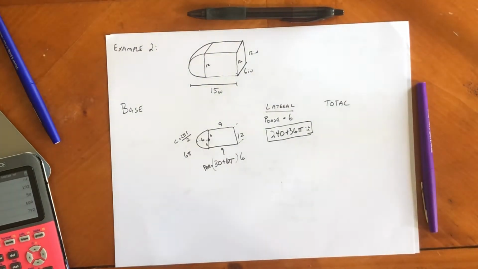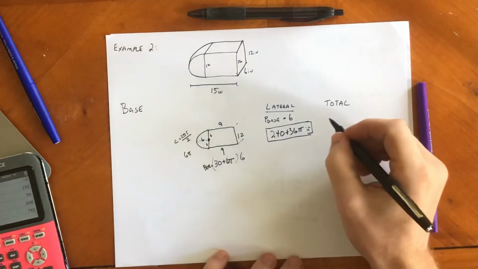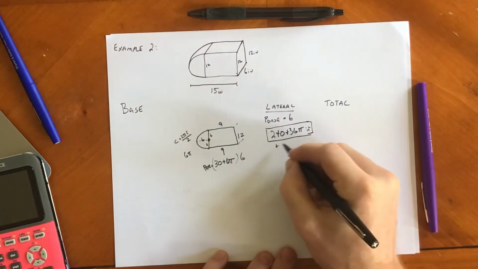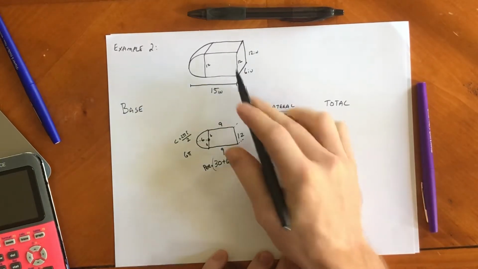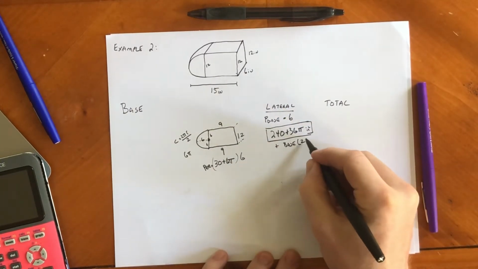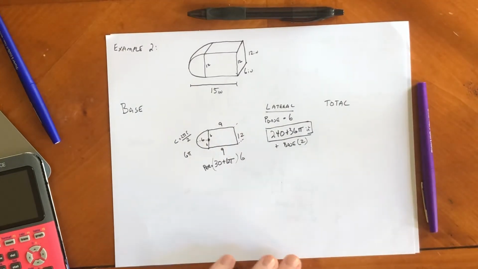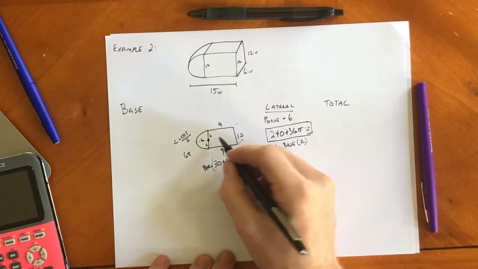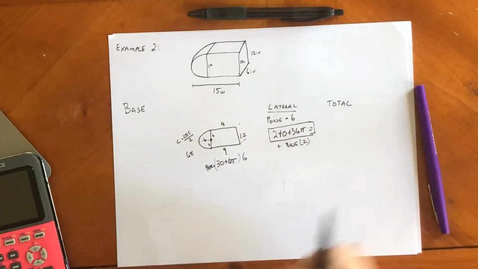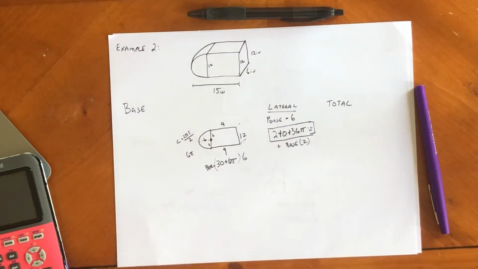Okay. Now what I have to do is add to it the bases. So I have to take that plus the bases. And how many of those bases do I have? Well, I have a front base and I have a back base, so multiply it by 2. Right? So let's find the area of the base real quick. The area of this base, this part right here, I'll do this in blue, is going to be 9 times 12.